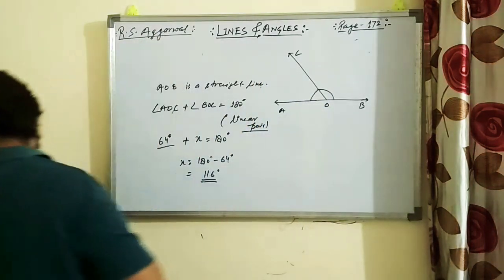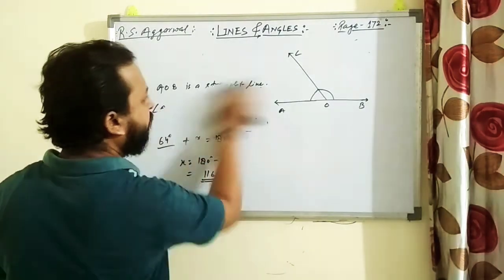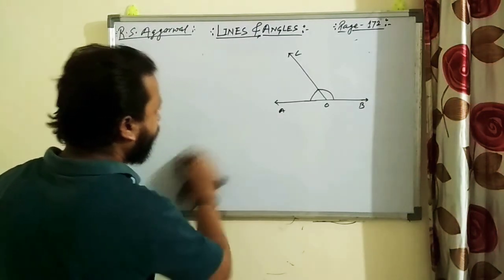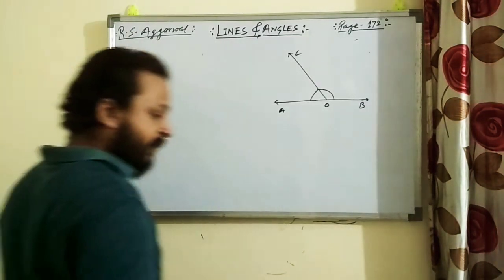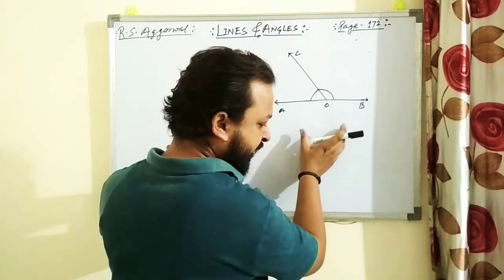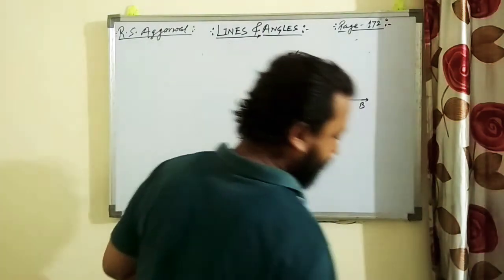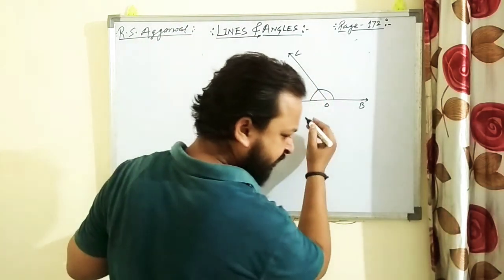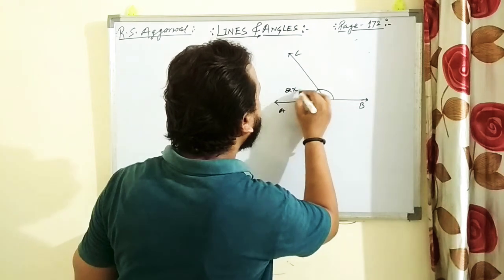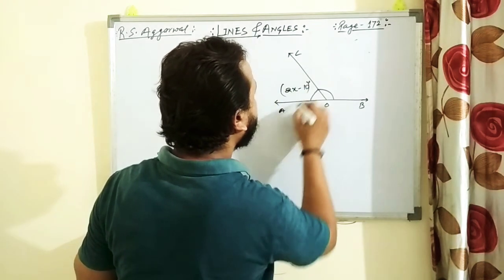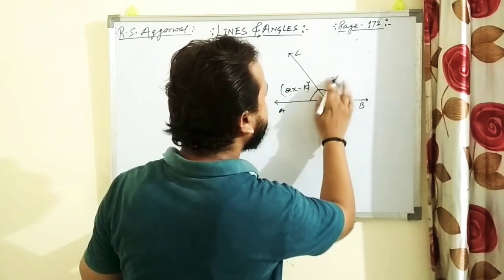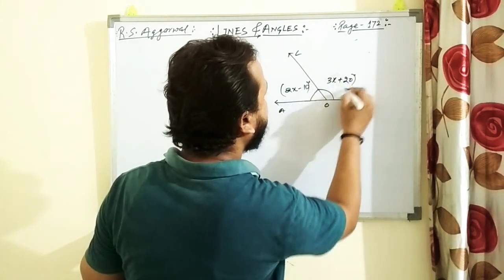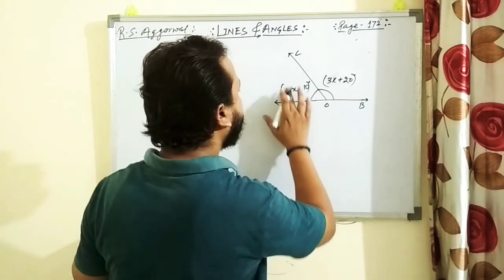In question number 7, right, it is given that AOB is a straight line and OC stands on it. This angle AOC is equal to 2x minus 10 degrees, right, and this angle is 3x plus 20 degrees, right.